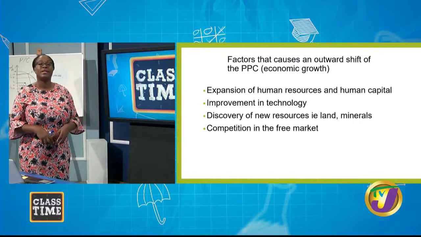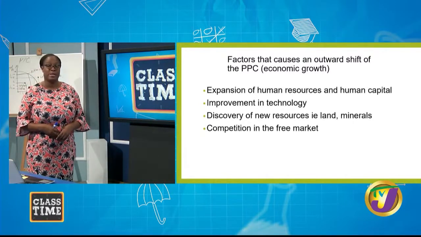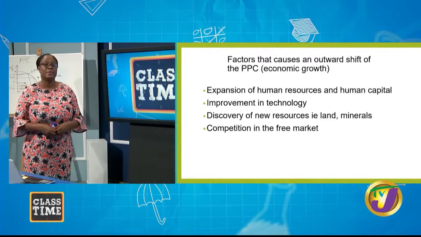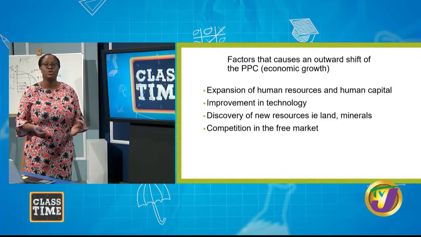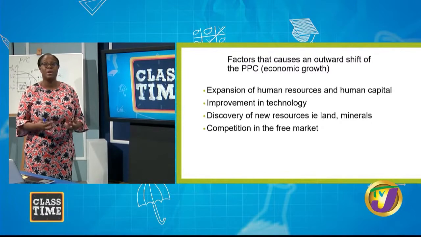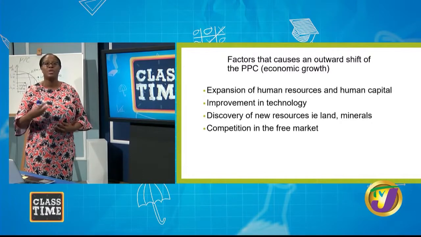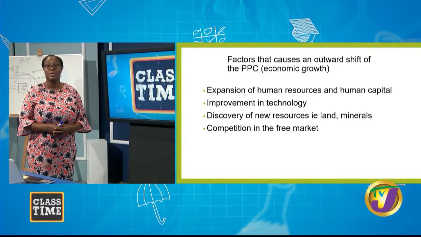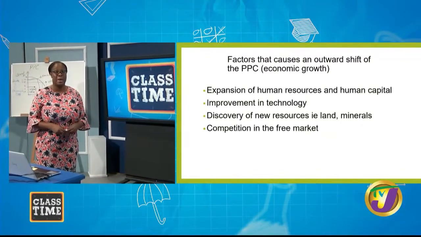Another factor is the discovery of new resources. For example, land that is fit or able to do certain kind of farming or real estate, whatever it is, minerals, the discovery of certain minerals, that will also help to shift the PPF outwards. And of course, competition in the market.